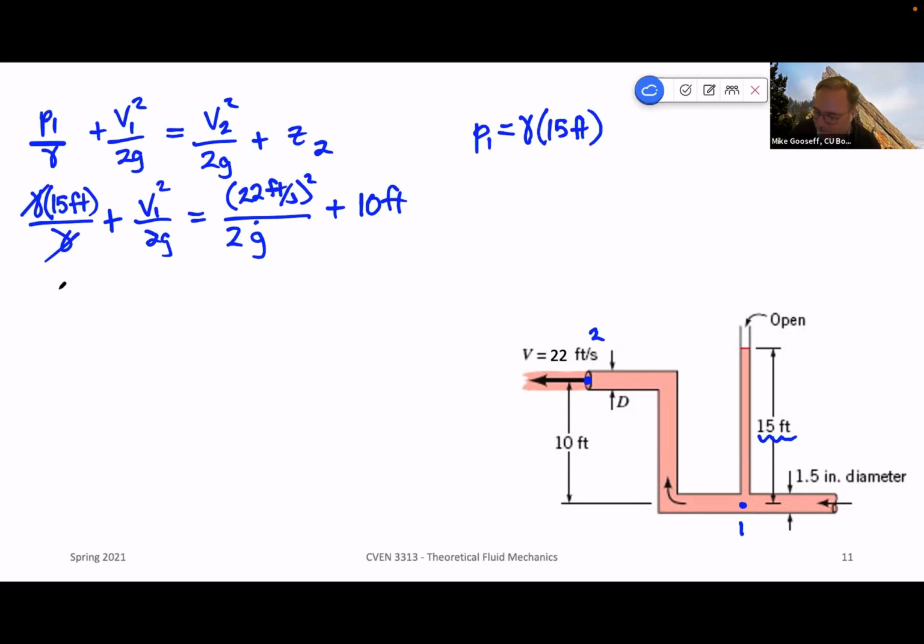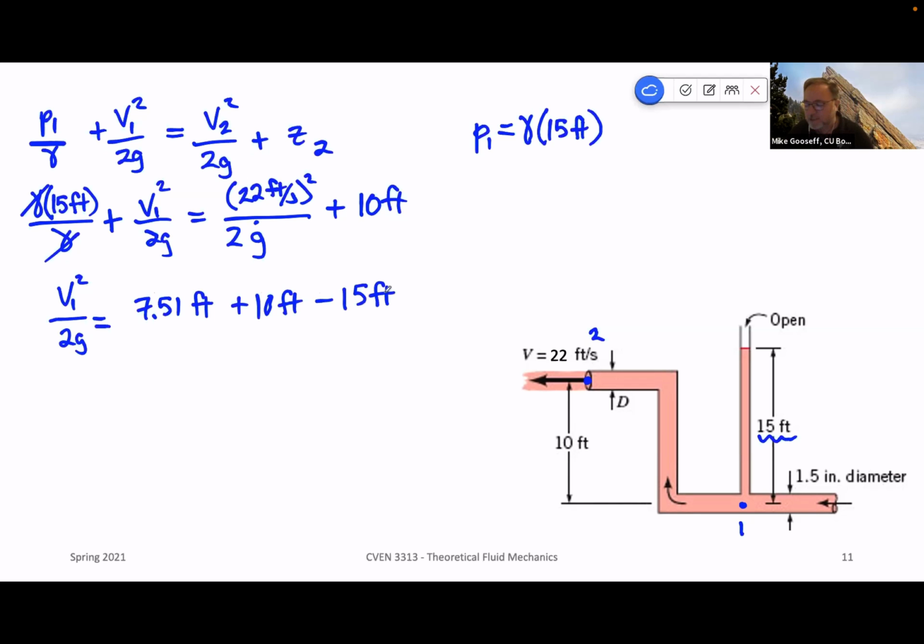So V1 squared over 2g is equal to 7.51 feet plus the 10 feet from the Z2, and then minus the 15 feet we had on the left-hand side, okay?